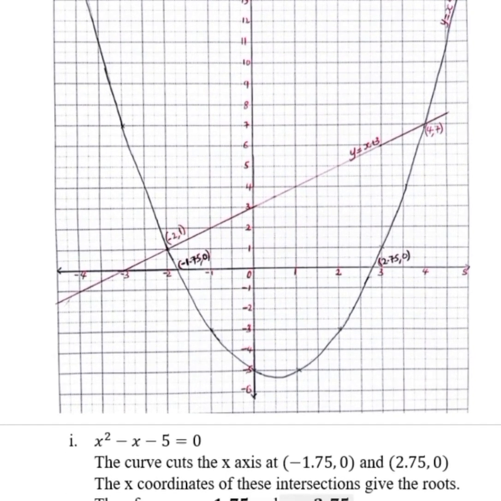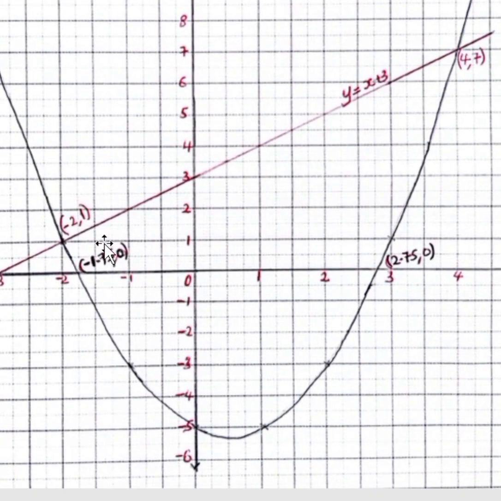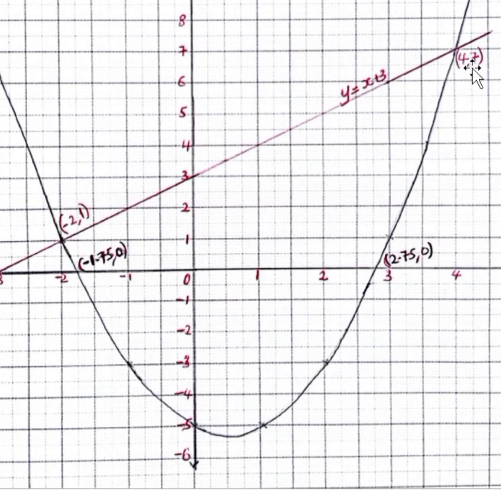So you now join them with a straight line and then label the line. It is y is equal to x plus 3. Now where the line will intersect the curve, that is the point of interest. So you read those coordinates of the points where the line cuts the graph. It cuts the graph at negative 2, 1 and 4, 7.